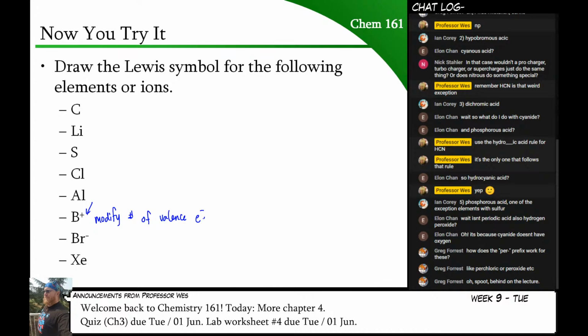So if you don't want to write out the electron configuration every time, that's fine. So draw the Lewis symbol. I'm going to give you like 2 or 3 minutes to do that.